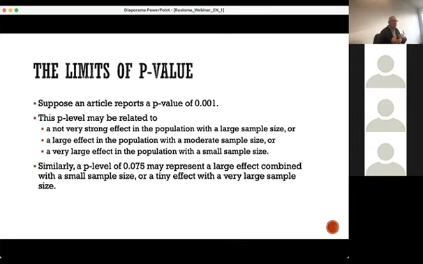This is a combination between your sample size and the strength of the effect. Similarly, if you have a p-level of 0.075, it can be a very large effect but with a small sample size, or a teeny effect with a very large sample size. So the p-value cannot be interpreted directly. You must always take care of what the p-value says in relationship with the sample size.